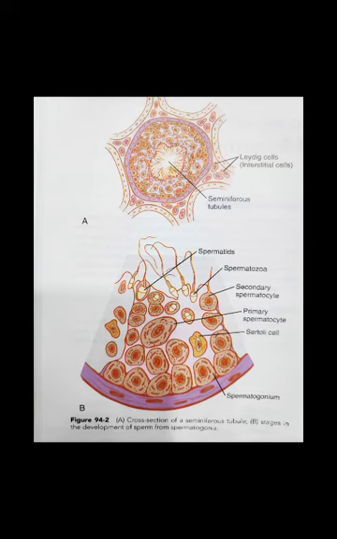The FSH is released from the anterior pituitary. Whenever FSH reaches the Sertoli cells, these Sertoli cells get stimulated. They grow and secrete certain spermatogenic substances, such that the division, differentiation and finally production of sperms is possible, right?